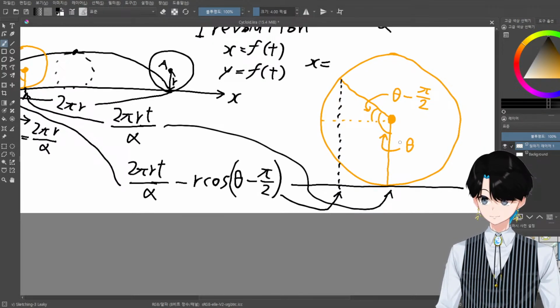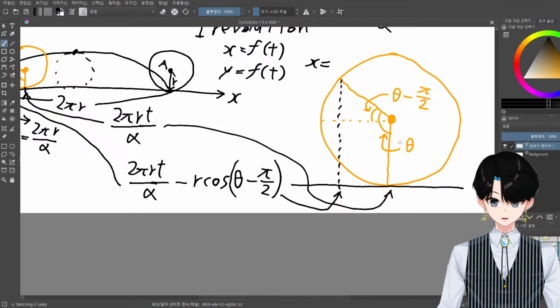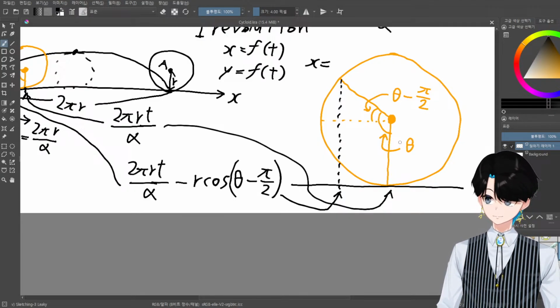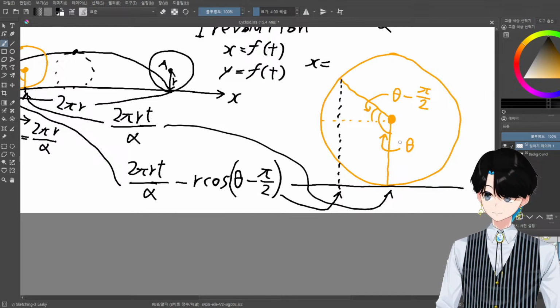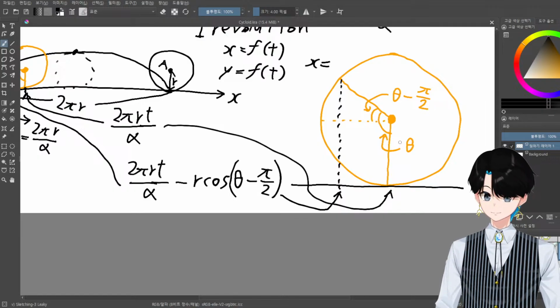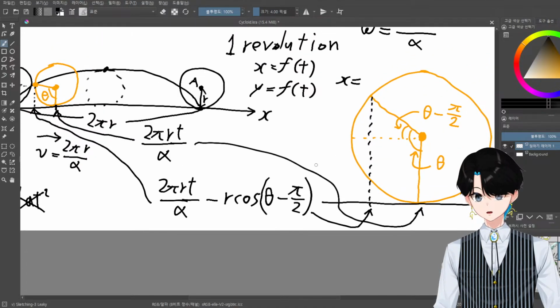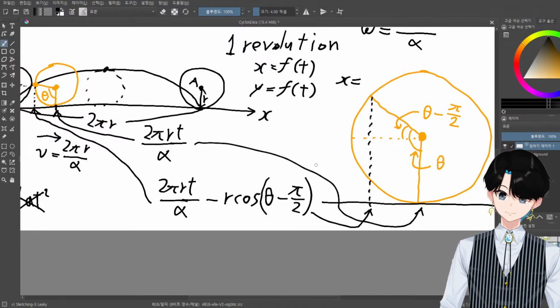Right. E minus r cosine theta minus pi over 2. R cosine theta minus pi over 2. Yeah. Okay.